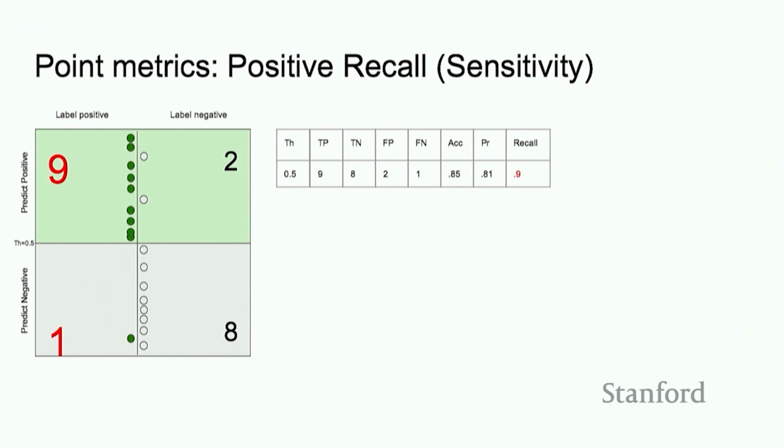What recall measures is, if we were to use this classifier in deployment, what fraction of all the actual positives are we going to recover? Let's say there are 100 patients out there, and say half of them have a certain condition.